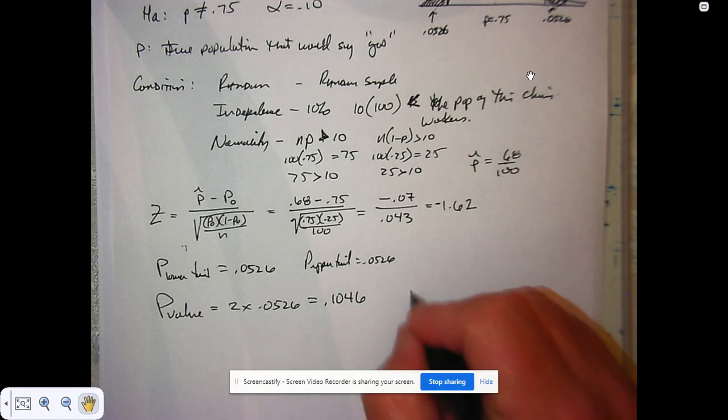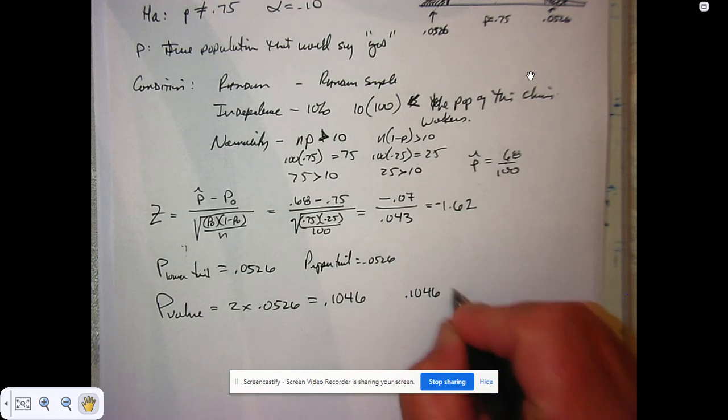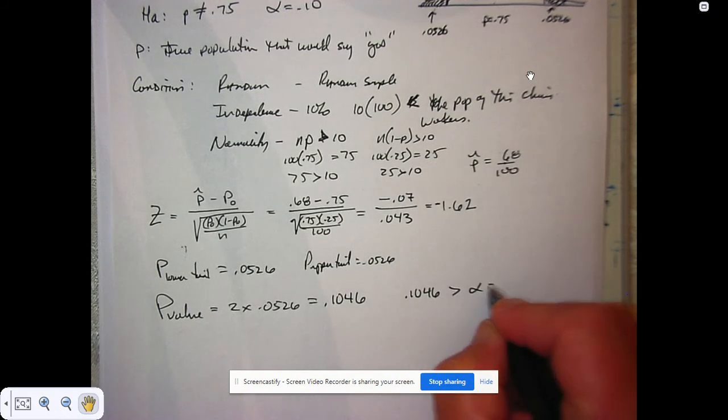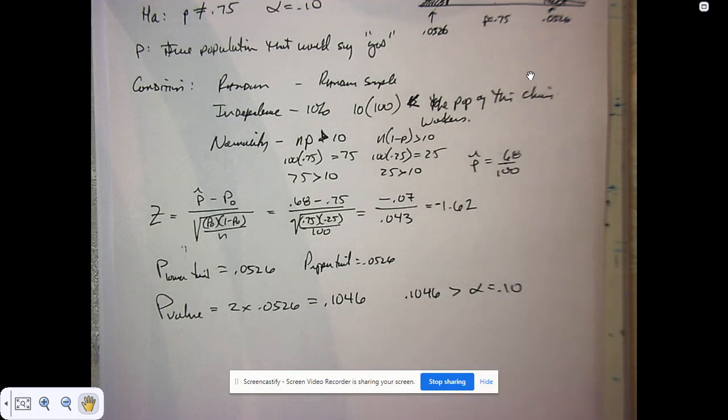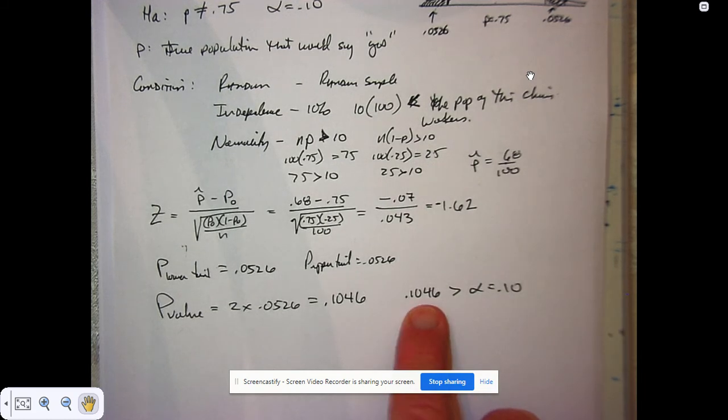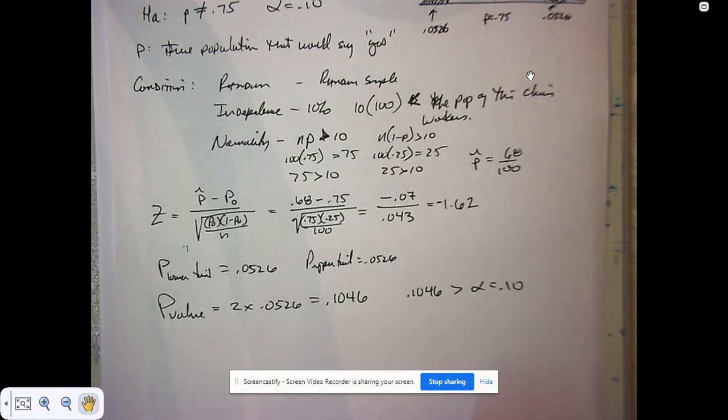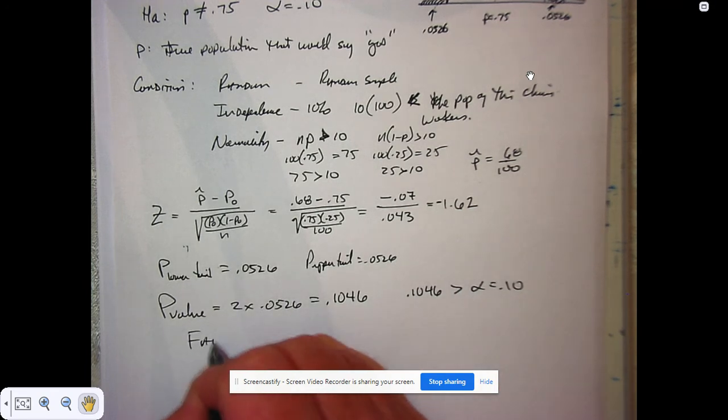Now this is greater than our alpha value, which equals 0.10. We've got a p-value that's greater than our alpha value. So now our decision is fail to reject.